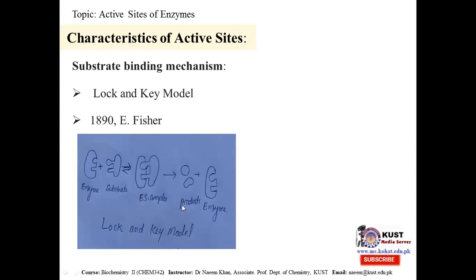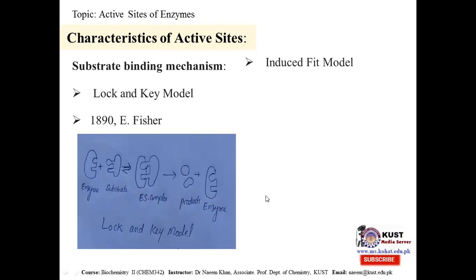Then the products are formed and the enzyme is released. This is the key and lock model, which says that enzyme and substrate are just like lock and key.